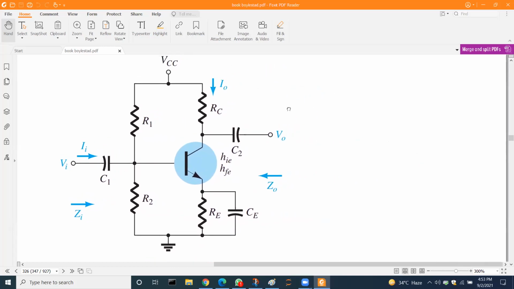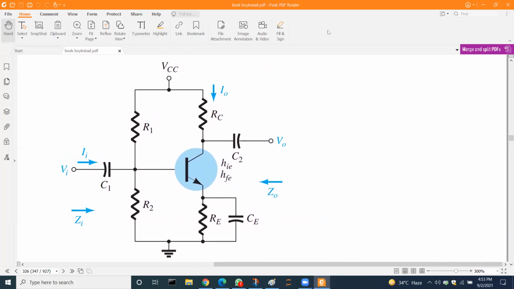Only drawing this RE part. So there is a capacitance network with RE. Let's say this is RE1 and this is RE2.